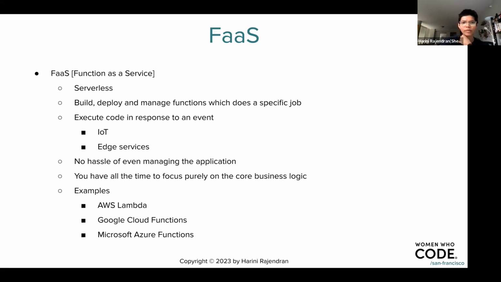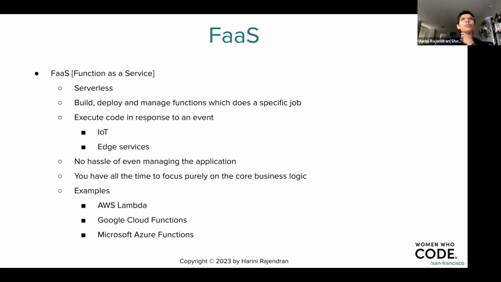So if you're familiar with any programming language, you can imagine what a function is, right? A function is just a snippet of code that does some specific job. So you just write functions and you deploy them as a service in the cloud. So that model is called function as a service.